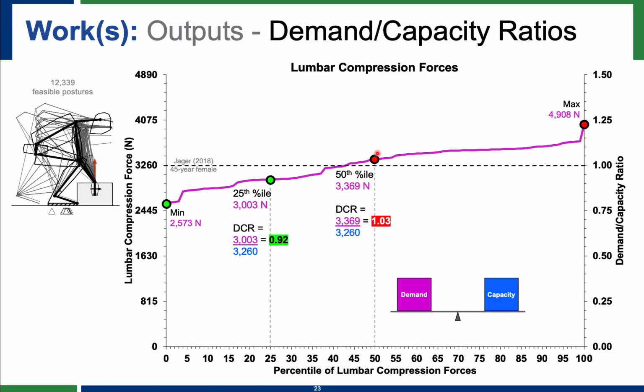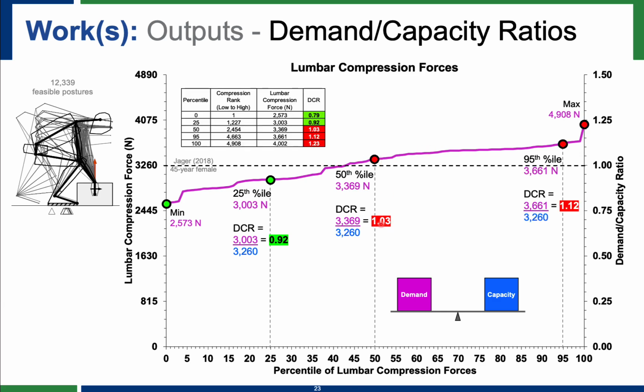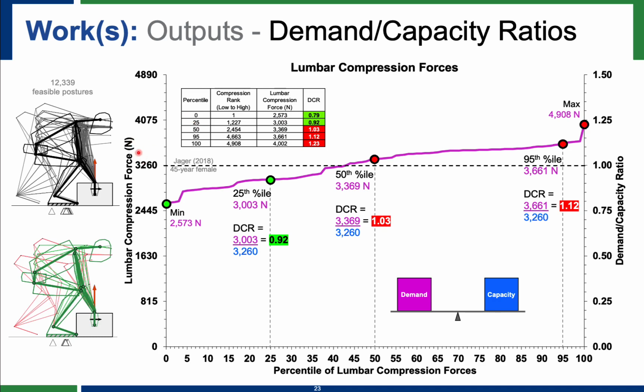The 50th percentile, I think, is probably a little bit too conservative, because skilled workers aren't going to be surfing around here, but that would be considered unacceptable. So right now we're recommending this 25th percentile be used. What we do is find a representative posture close to the 5th, the 10th, the 15th, the 25th, all the way up.